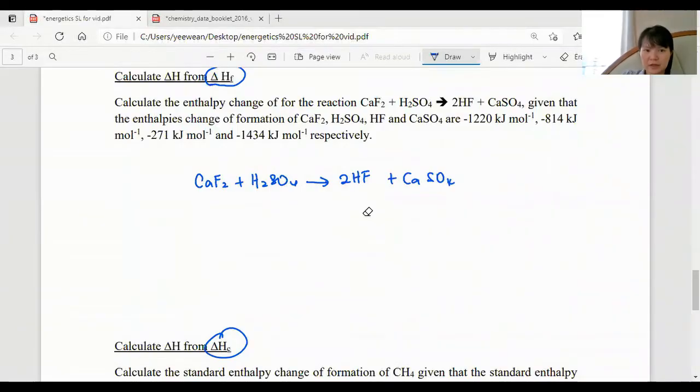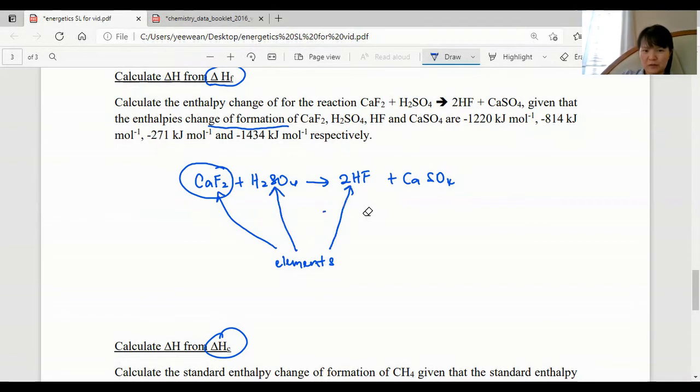Okay, the first question, they give us the standard enthalpy change of formation of all these substances. So we know that the definition of standard enthalpy change of formation is that it needs to form 1 mole of something, and it must start from its elements. So from elements to a mole of something, from elements to a mole of something. From elements to 2 moles of this, so that's 2 times the enthalpy change of formation.